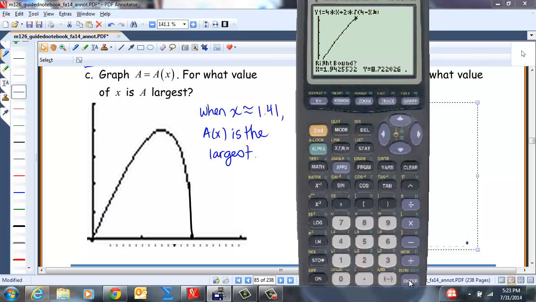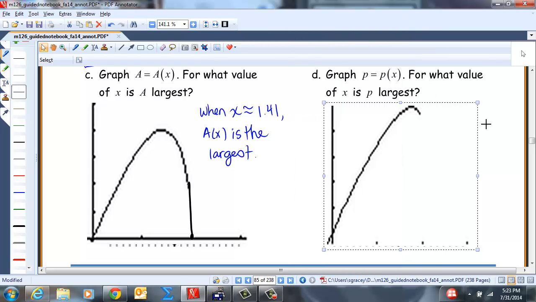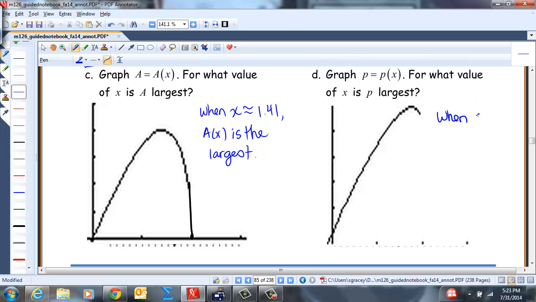I think we're good here. So when x is approximately 1.79, we get a maximum of 8.94. So 1.79. P of x is the largest.